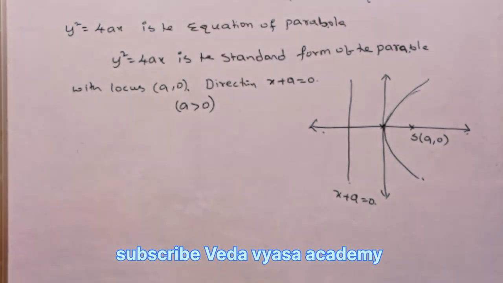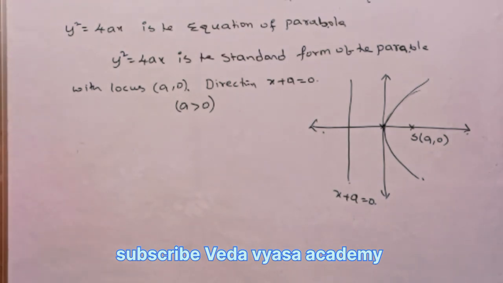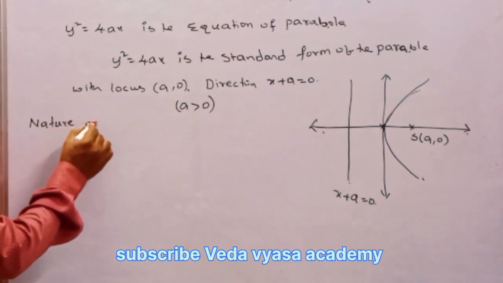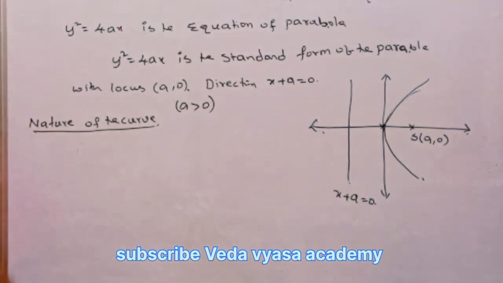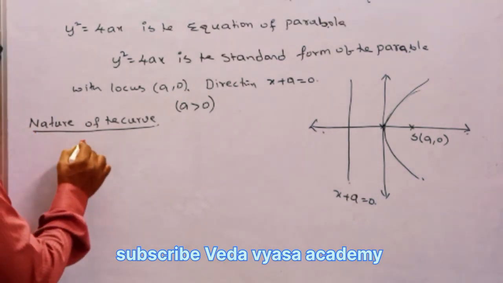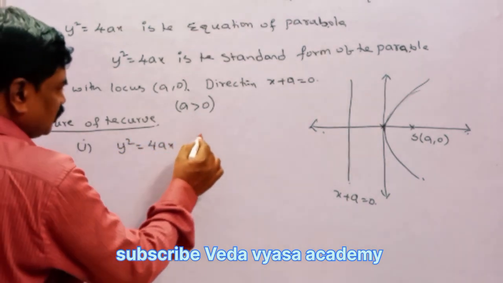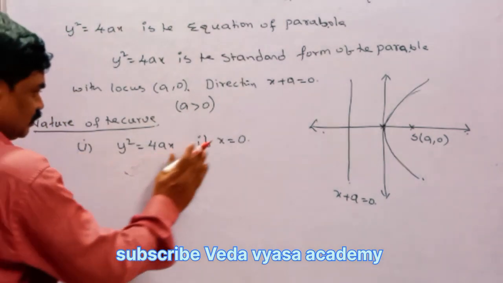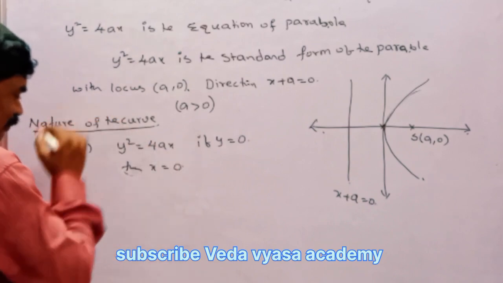Now we have to write the nature of the curve. In y square is equal to 4ax, if x is equal to 0, then y is equal to 0, and if y is equal to 0, then x is equal to 0.